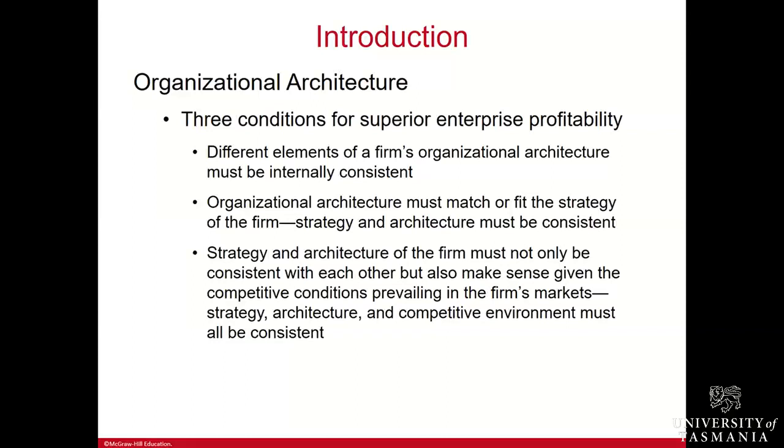Second, organizational architecture must match or fit the strategy of the firm, so strategy and architecture must be consistent. And the third one is that strategy and architecture of the firm must not only be consistent with each other, but also make sense given the competitive conditions prevailing in the firm's market. Strategy, architecture, and the competitive environment must all be consistent. From the first week of our lecture, we said that a company should follow a consistent structure.